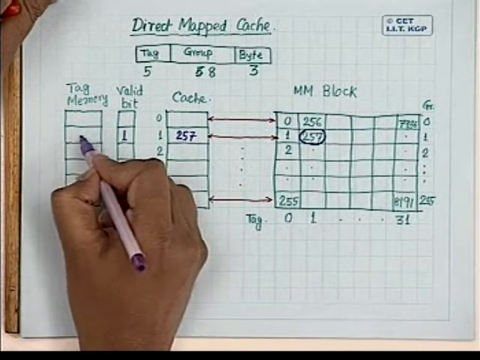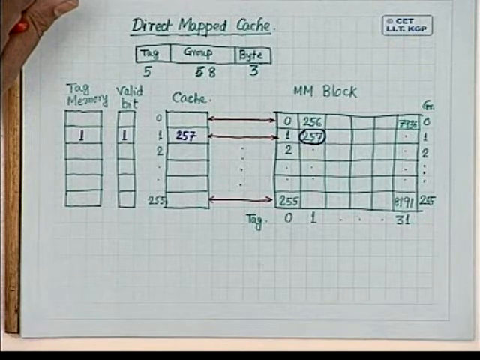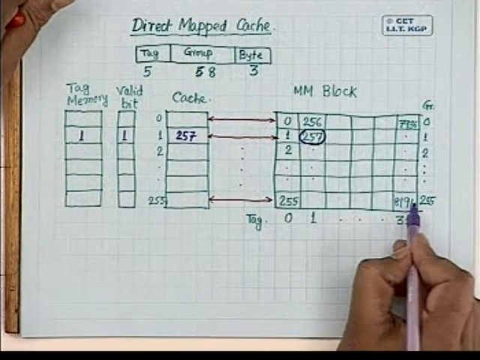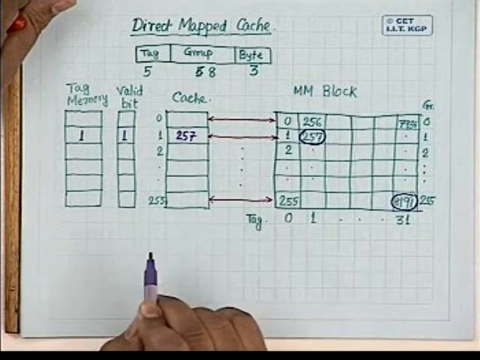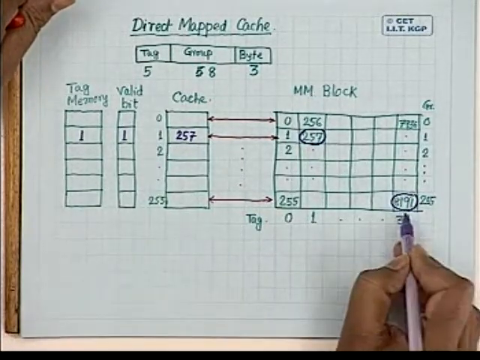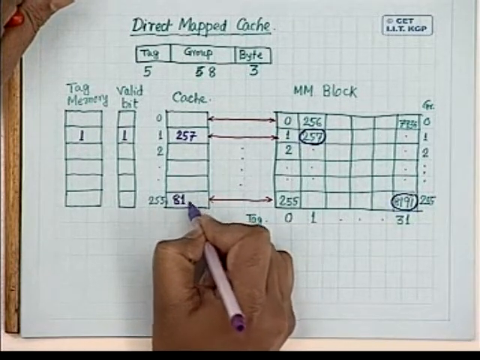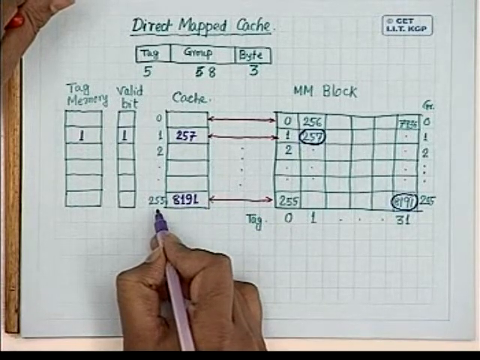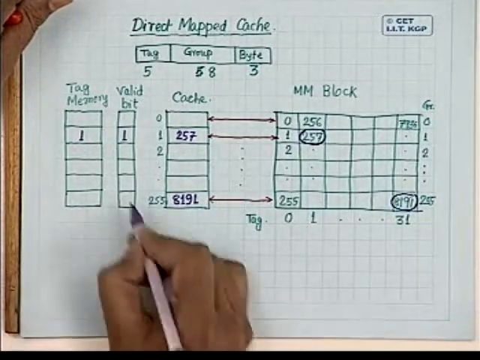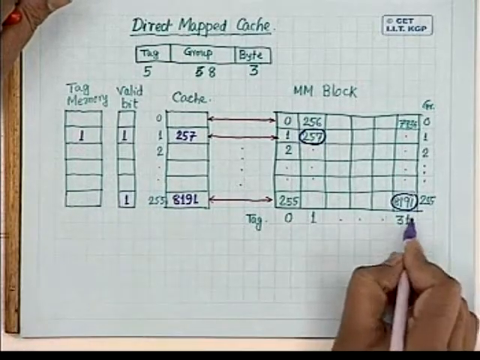So tag field will contain a value 1. Okay. Similarly, if block 8191 is also in the cache memory, in that case, this block 8191 will come to cache line 255. It cannot go anywhere else. Okay, the corresponding valid bit will be 1, and the tag memory field in this case will be 31.